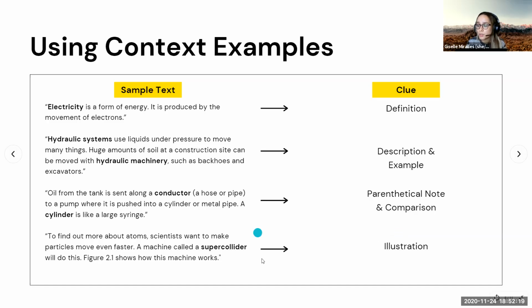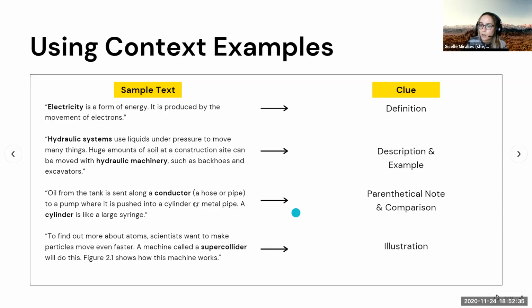So although super collider isn't defined or described or even compared to anything, there's at least an illustration that will help me understand what this word means, and to understand the concept a bit deeper.